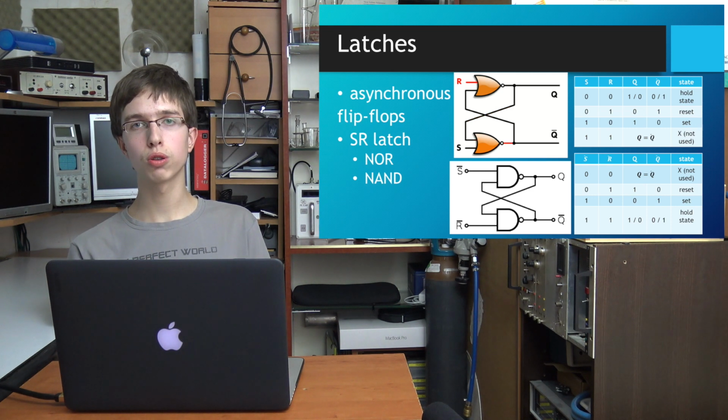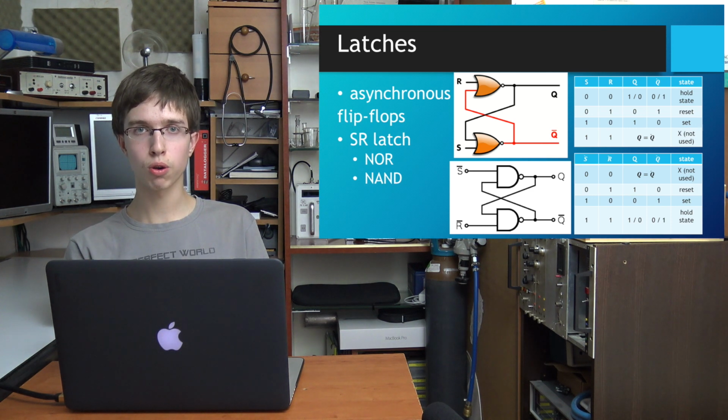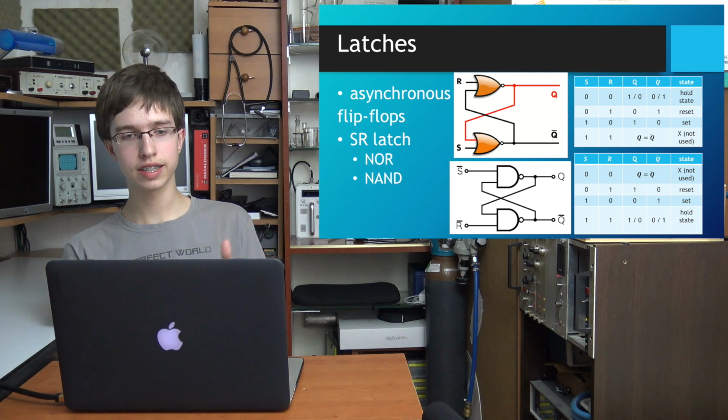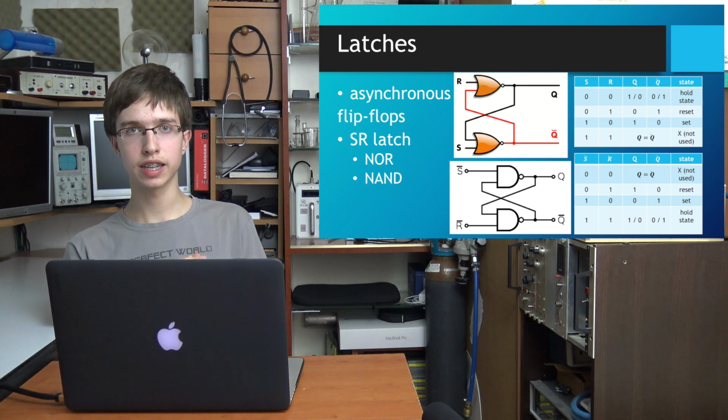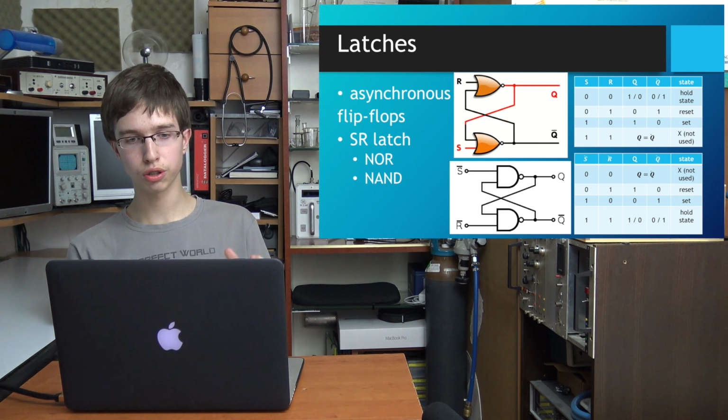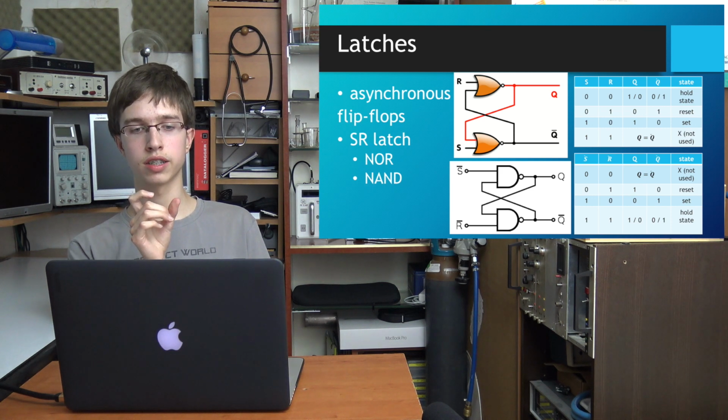And this state is called hold state, since the next output, Q next, always holds the state of the previous output Q. Then we have also the reset state, which is when reset input is 1 and set is 0. Then the set state, when set is 1 and reset is 0. And this not allowed state, also called don't care state, which is not used, when both inputs are 1.